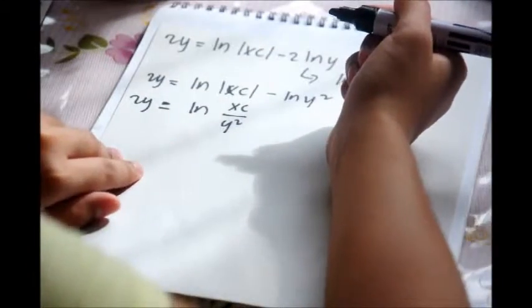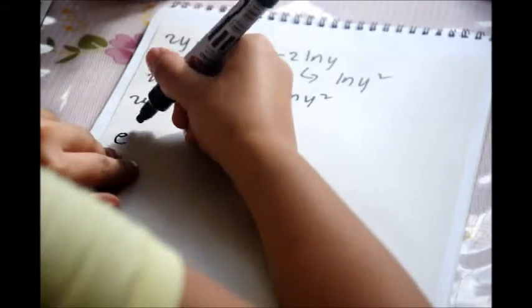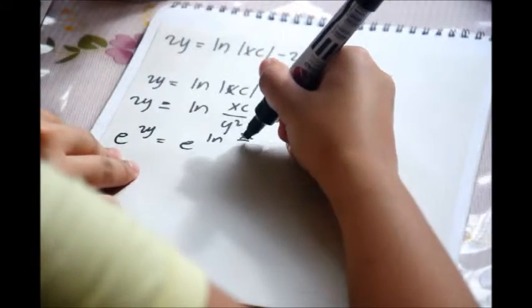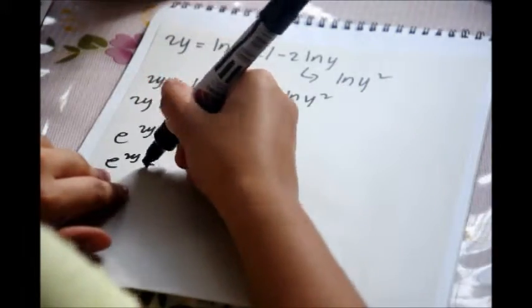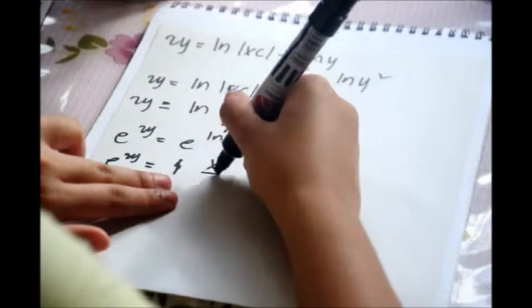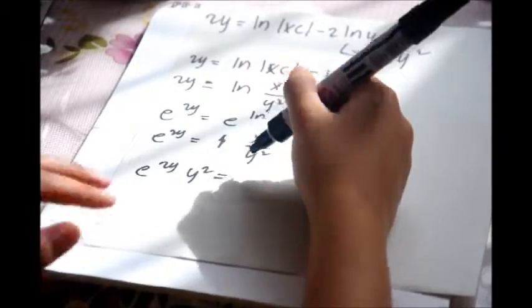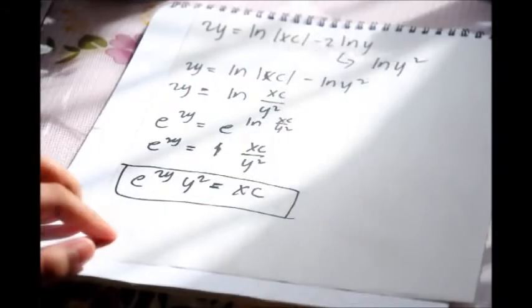So we're using the exponential properties. So it becomes e to the 2y is equal to xc over y squared. So now it's e to the 2y times y squared is equal to xc. So this is now the final answer.